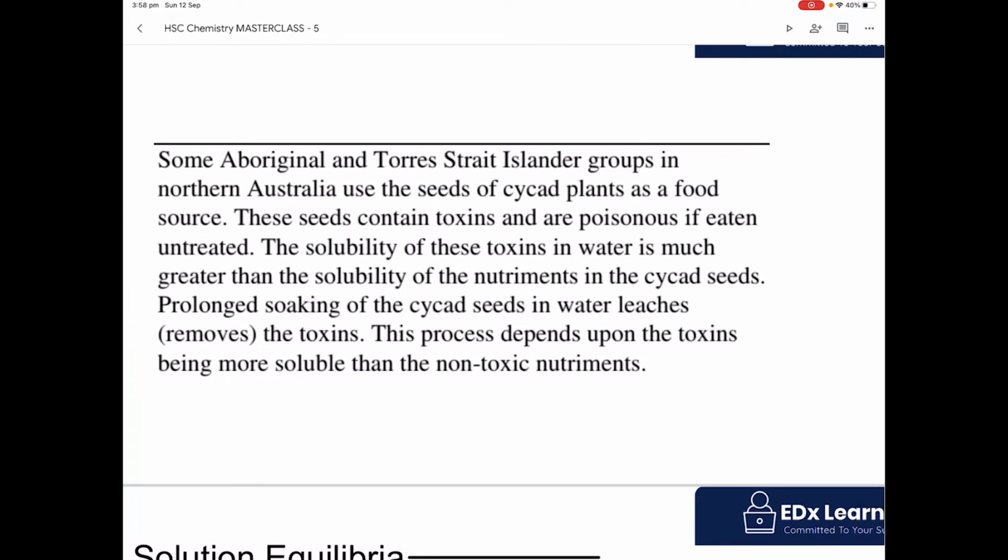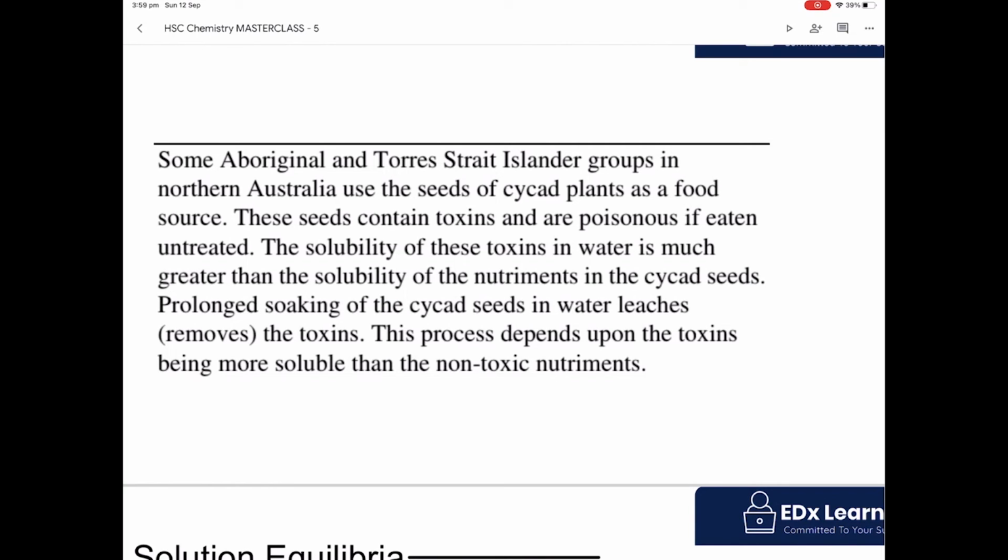The solubility of cycasin is very high. It's about 56 grams per mole. And thus, when you put it in a basket with running water, you can leach that cycasin toxin from the cycad fruit. And then they do a couple of other things, such as burying it underground, and that allows enzymes to catalyze reactions to decompose the toxin as well.